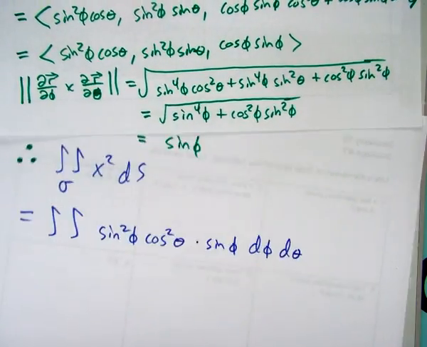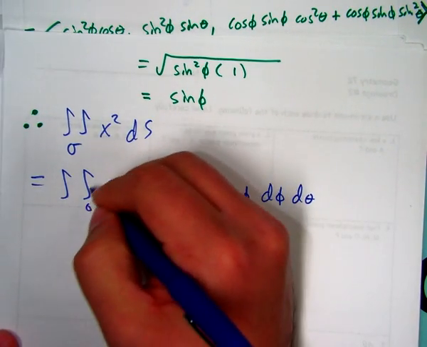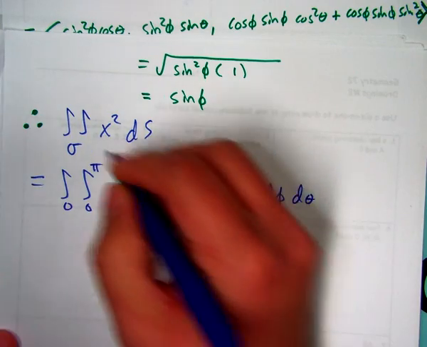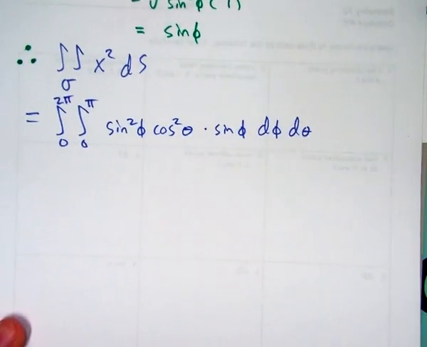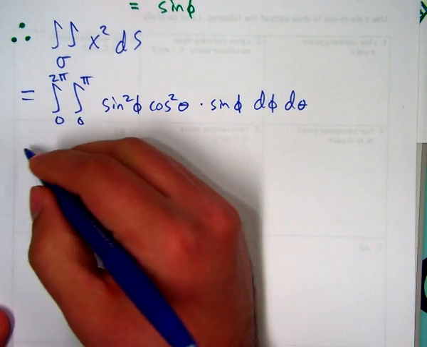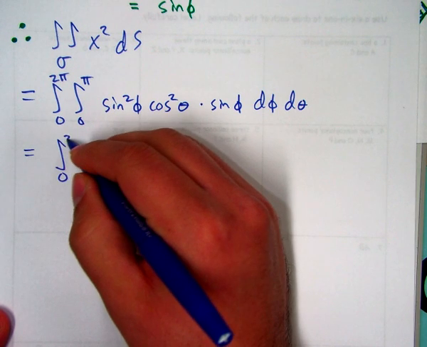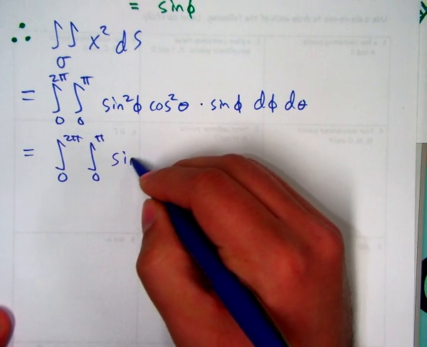So we plug in those bounds, and now we evaluate. Sine squared phi times sine phi becomes sine cubed.